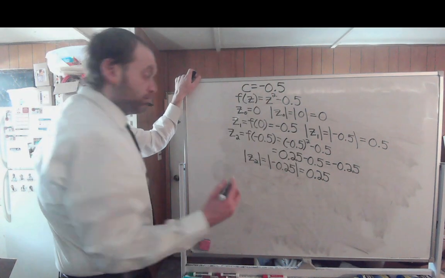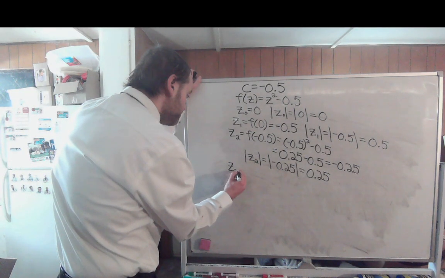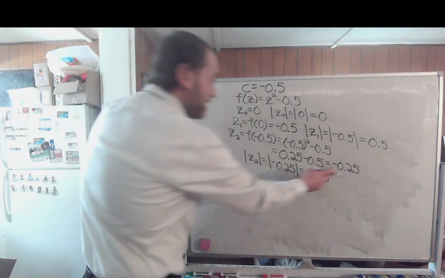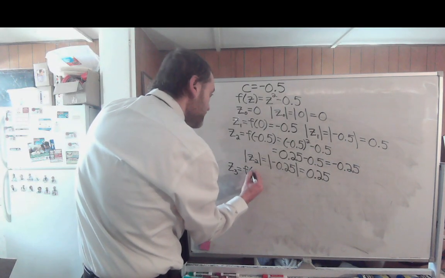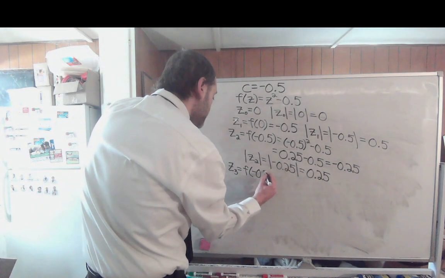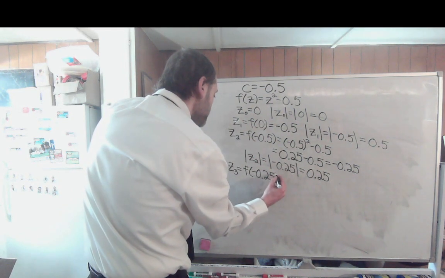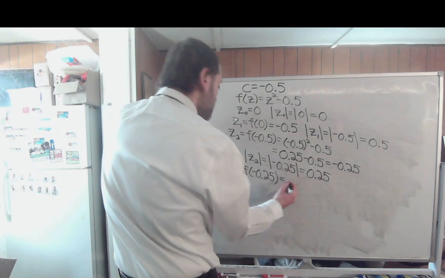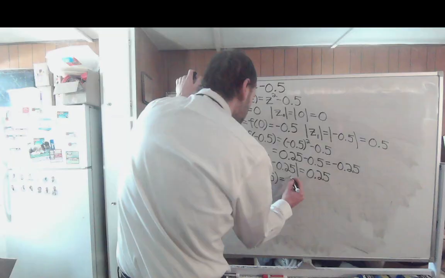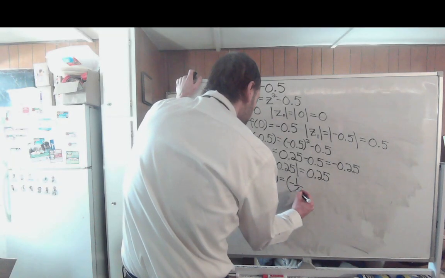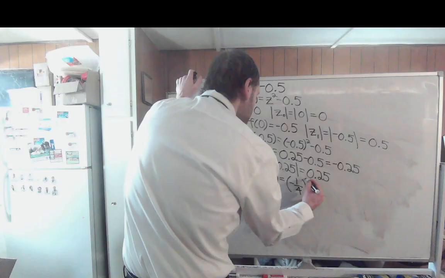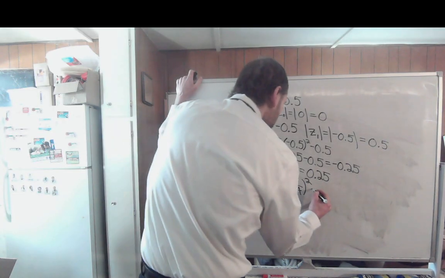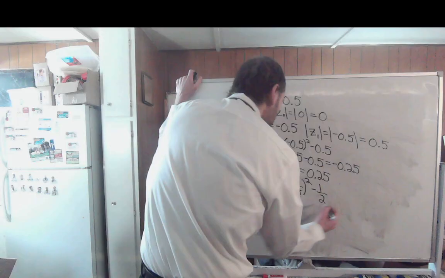All right, and then we'll find z sub 3, which would be f of z sub 2, which would be f of that negative 0.25. Which, that's negative a fourth squared. Let's just turn these into fractions for a minute. Negative 1/4 squared minus 1/2.